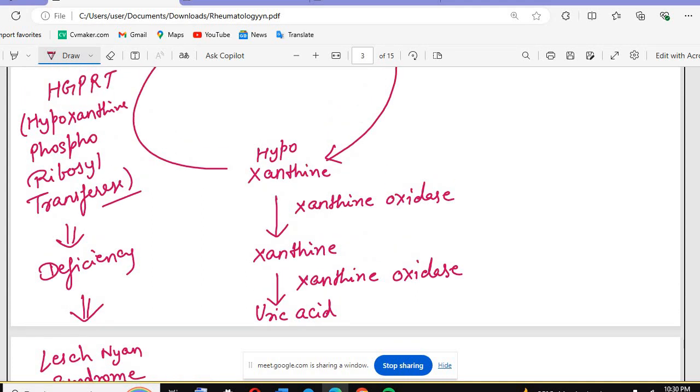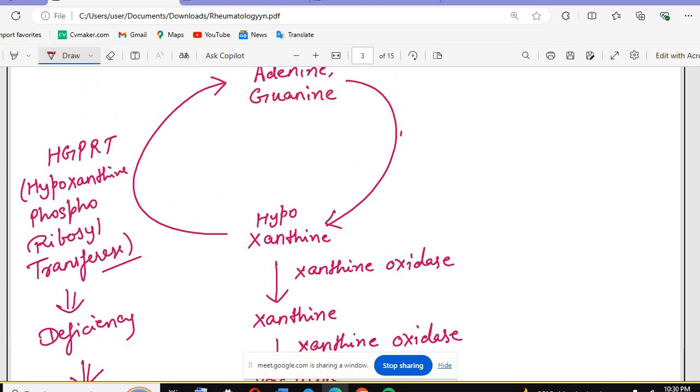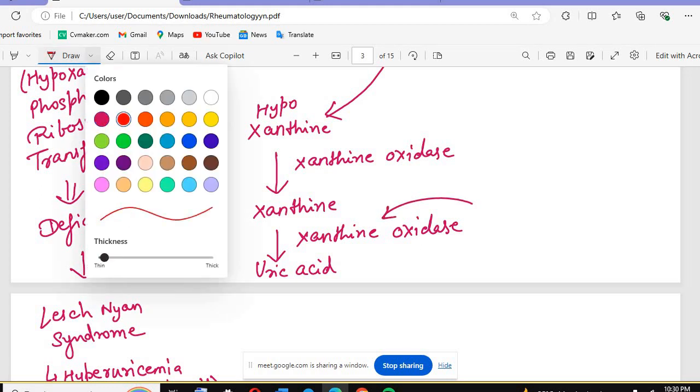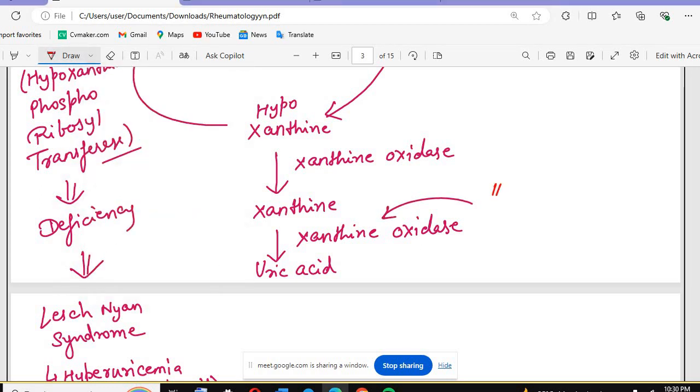Now you are seeing here that hypoxanthine would be converting into the xanthine, and here we would be having the uric acid. The enzyme here is the adenosine deaminase. If there is xanthine oxidase and we inhibit this xanthine oxidase, we can decrease the uric acid formation.